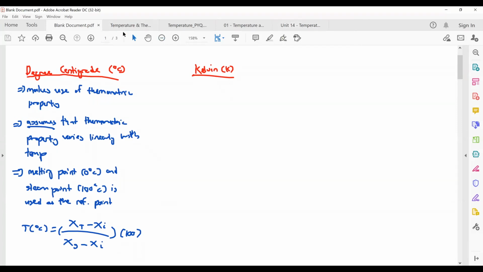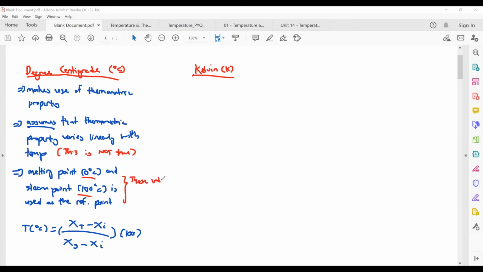The first problem is that, just now I told you, thermometric property varies linearly with temperature. This is not true, correct? And then after that, we told you that your reference points being used are your melting point and your steam point at 100 degrees centigrade. But then there's another problem with this.